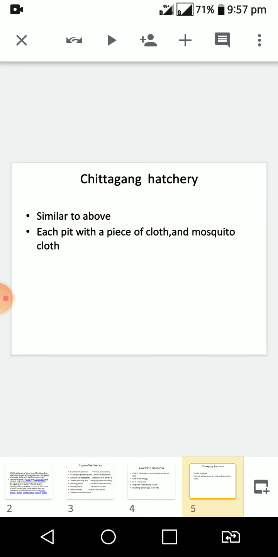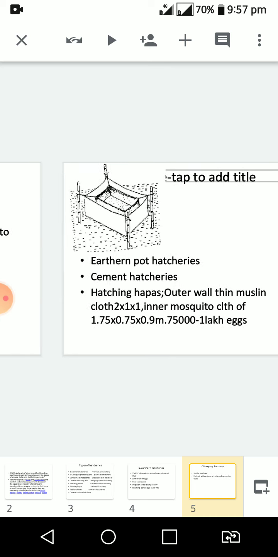Next, the Chittagong hatchery. The Chittagong hatchery is similar to the Earthworm hatchery, but here each pit has a piece of cloth and mosquito cloth. This is the important thing about the Chittagong hatchery.